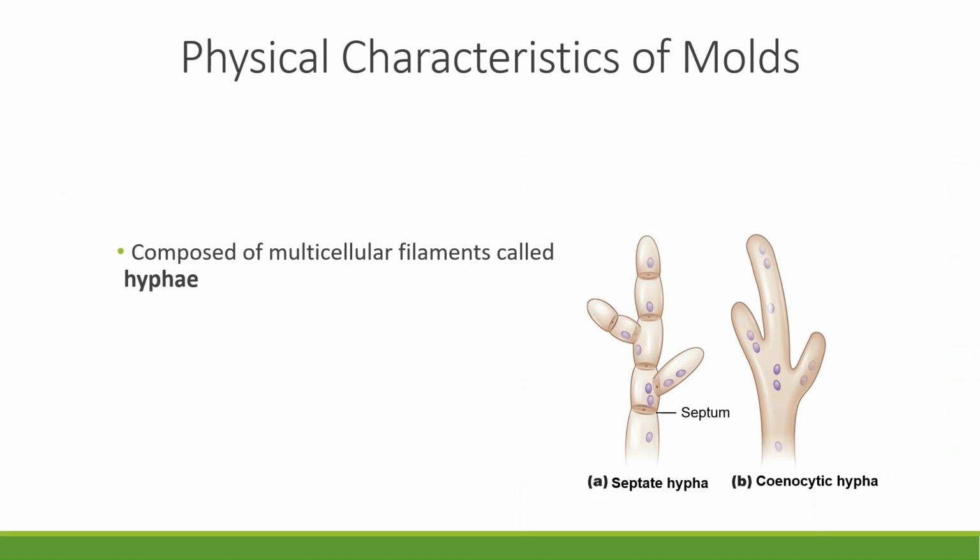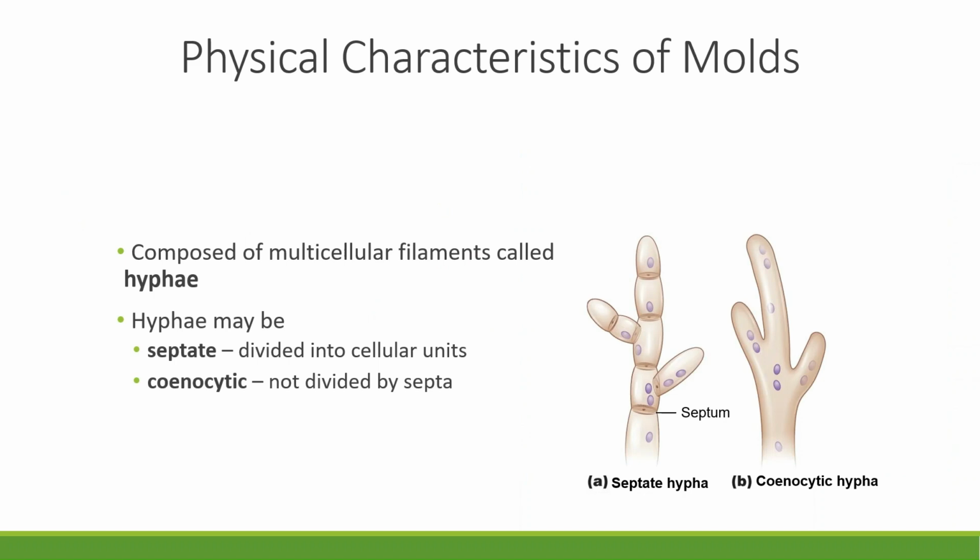Molds are composed of these multicellular filaments that you can see here in A and B, which are referred to as hyphae. And hyphae may be septate, and that's where there are cell walls that separate each one of these cells along the way.